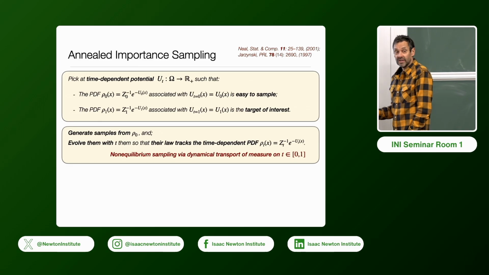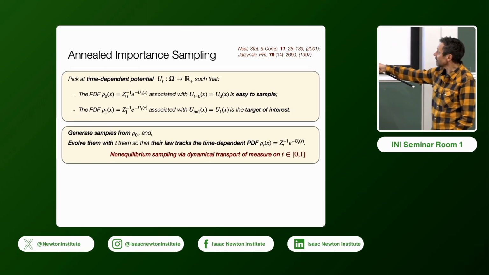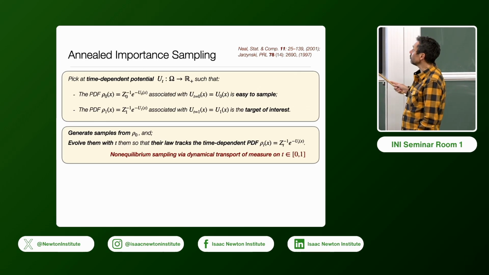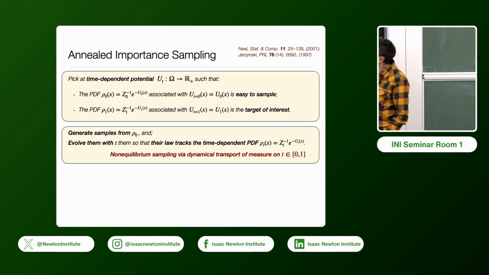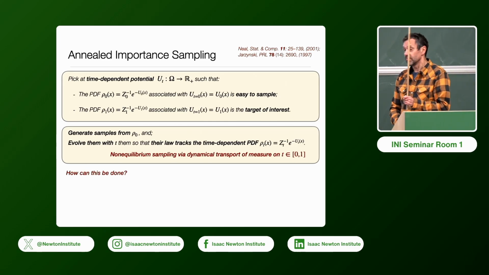Okay? And so this is not ergodic sampling. This is really a non-equilibrium sampling strategy with dynamical transport of measure on t equals 0, 1, from rho 0 to rho 1. And of course, the question is, how can this be done?